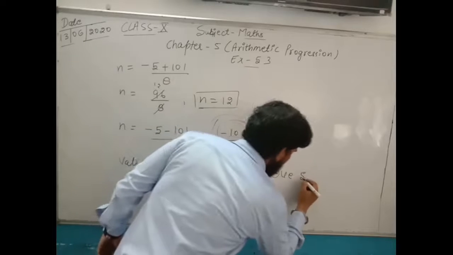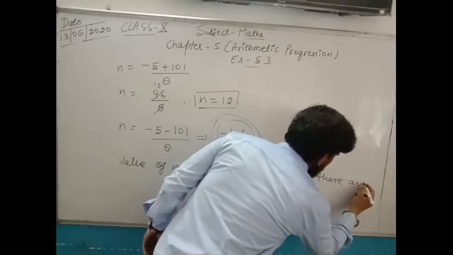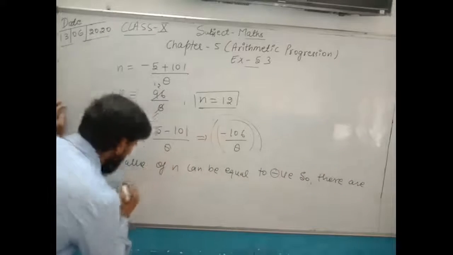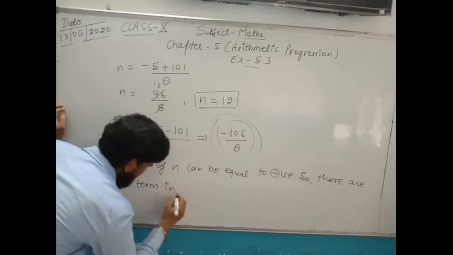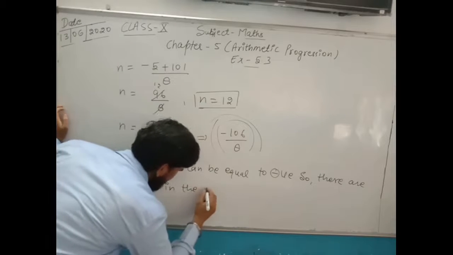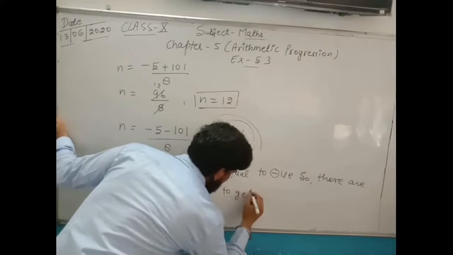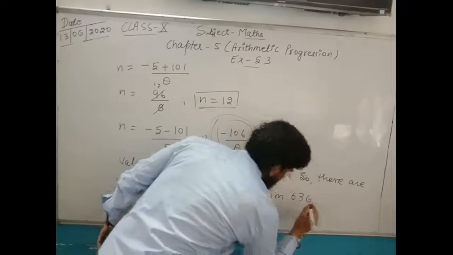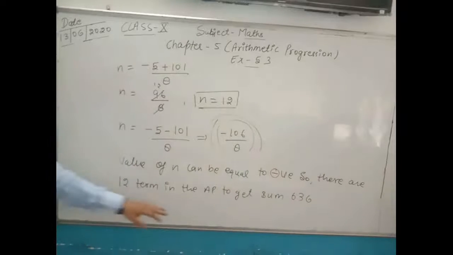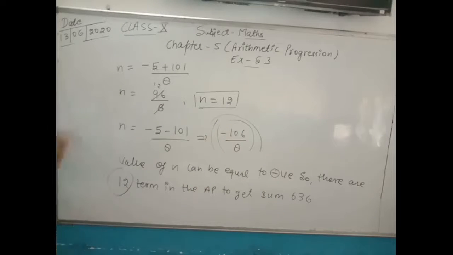So there are 12 terms in the AP to get sum 636. ओके, सो 636 का सम लाने के लिए कितने टर्म्स होंगे एपी में? दे आर 12 टर्म्स. Now come to the next question.